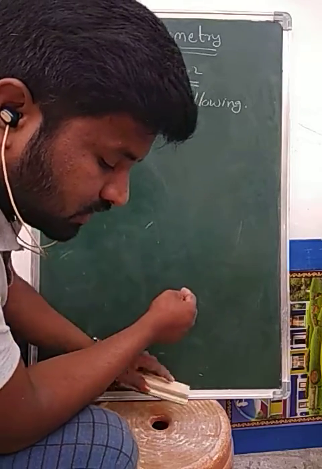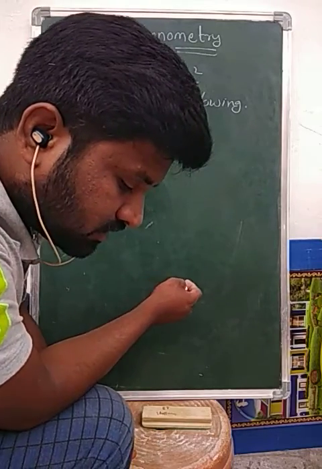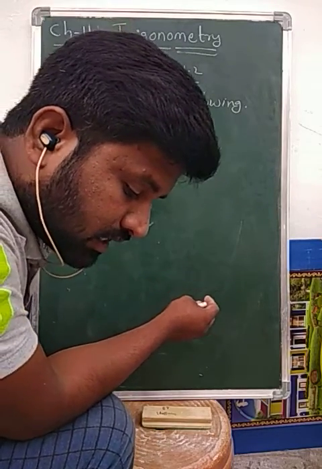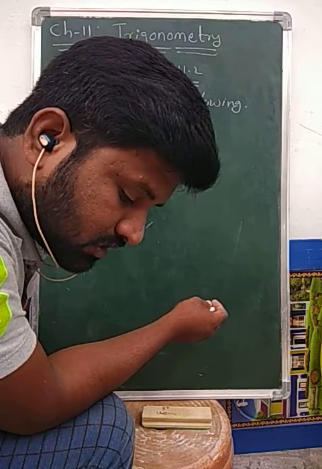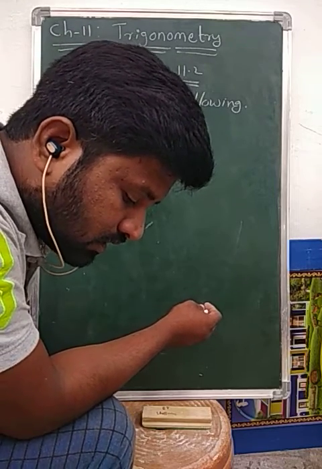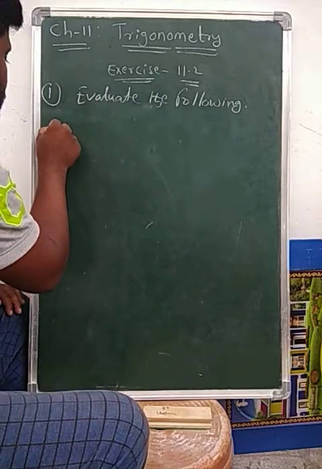The question is given: cos 45 degrees by sec 30 degrees plus cosec 60 degrees.